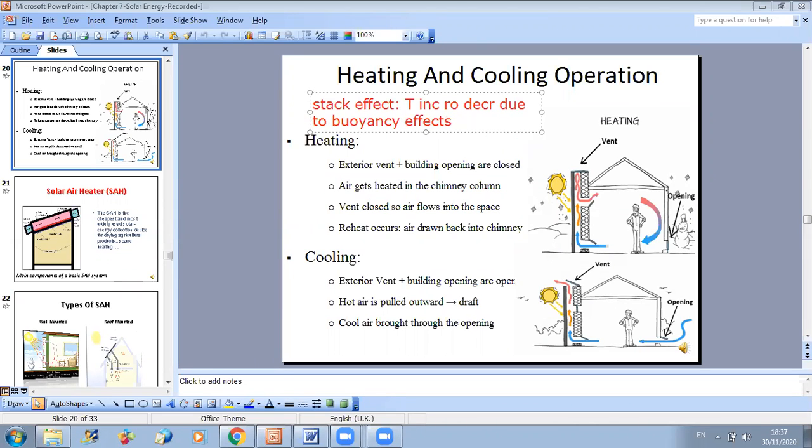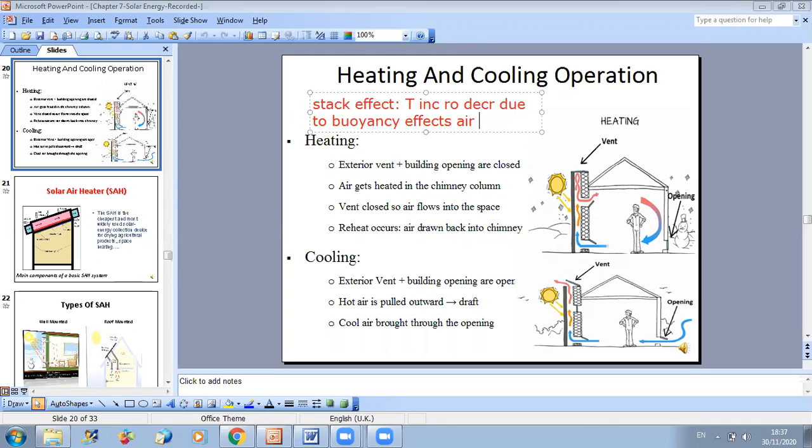Miss, how is this related to Bernoulli's theorem? This is the buoyancy. No, Bernoulli is related to wind circulation, not this case, because when you have wind, you create a certain pressure difference between two zones, and due to the pressure difference, air will circulate.